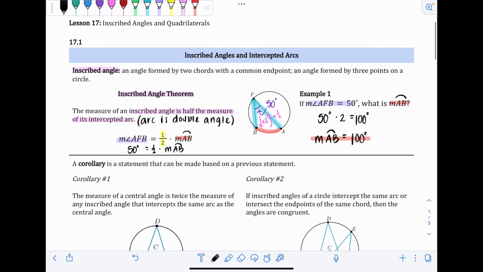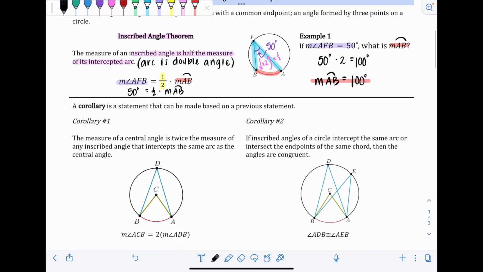Okay, moving down to the next section. A corollary is a statement that can be made based on a previous statement. We have a couple of corollaries based off of that previous theorem. The first one says the measure of a central angle is twice the measure of any inscribed angle that intercepts the same arc as the central angle.